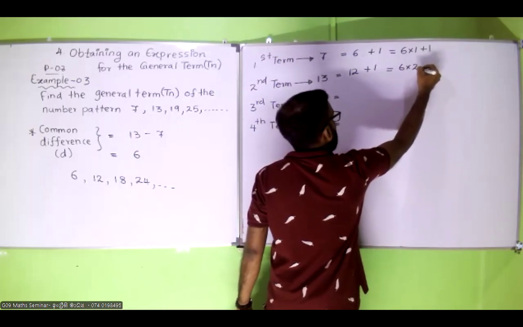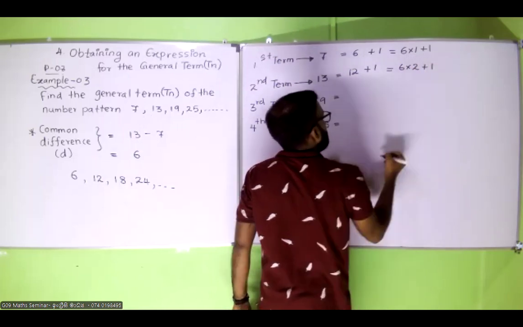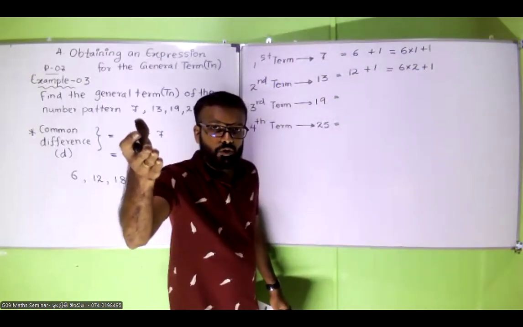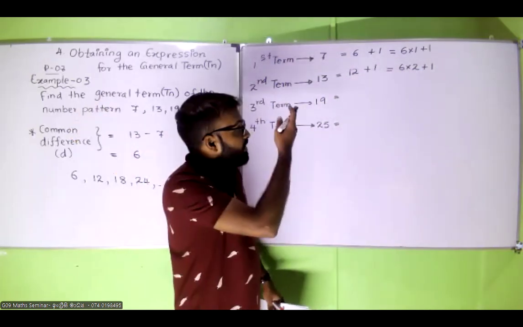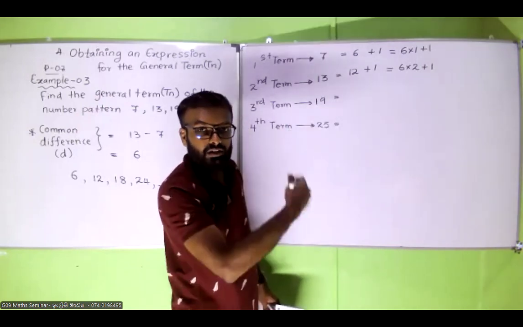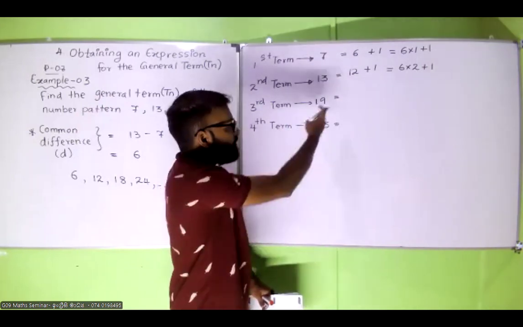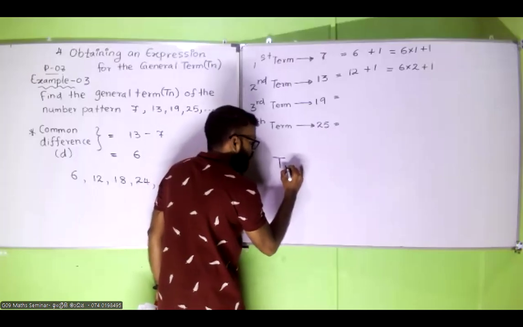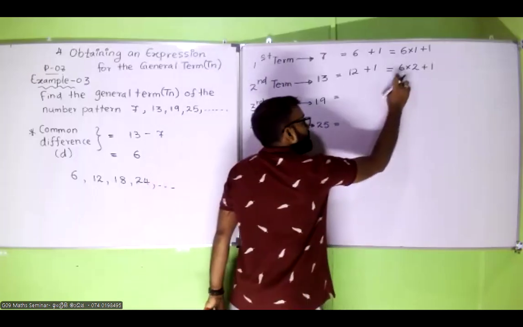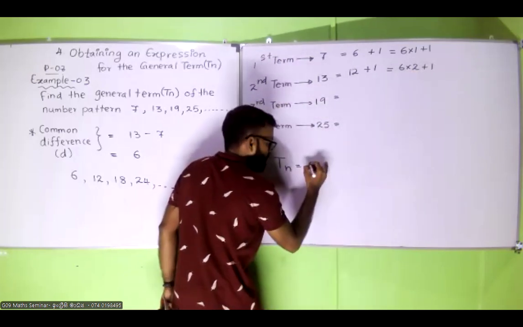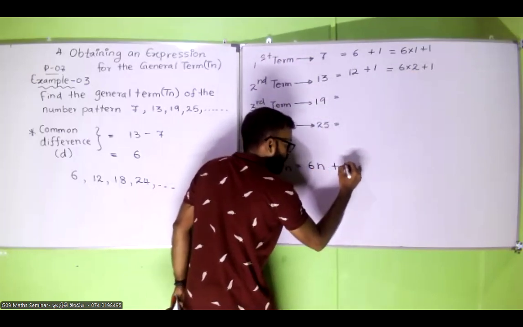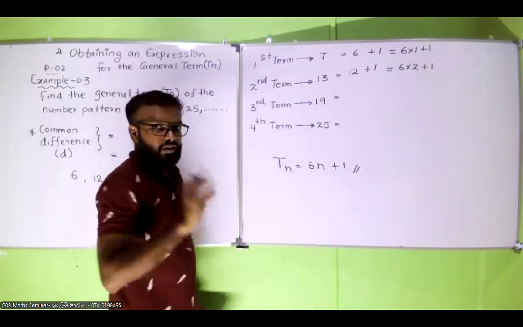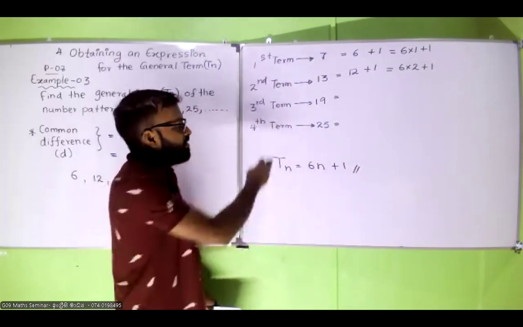By looking at this, you can give me the answer for the general term. Right? 6n plus 1. So I can write my general term Tn equals 6n plus 1. Done. Right? If you want, I can fill this.